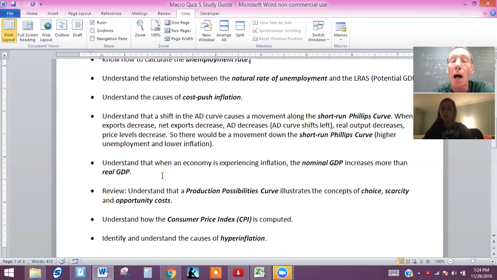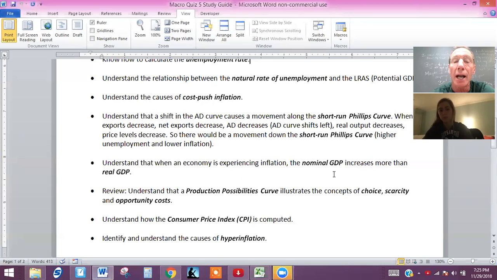So if we look at nominal and real in the same year, and the nominal GDP has gone up more than the real, well, then the nominal GDP is based on the output and that year's prices. So if the nominal GDP increases more, it means price levels have gone up, not necessarily output, or the price levels have gone up more than output has.